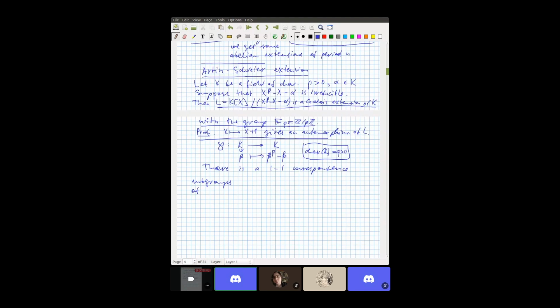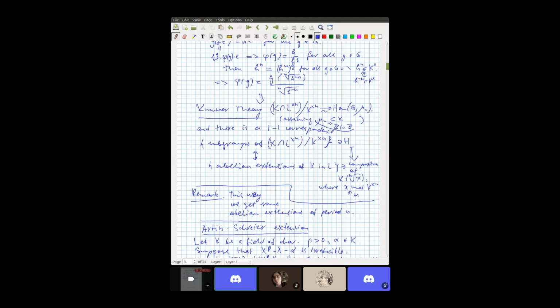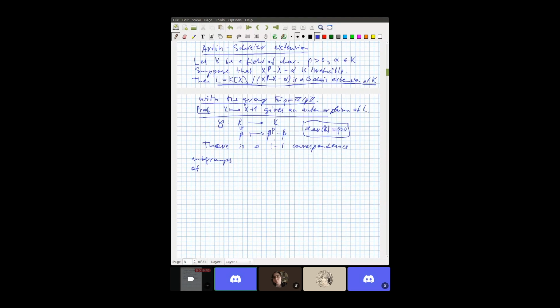In the case of Kummer theory, the quotients are modulo nth powers of the elements of K. But here we consider the quotient of K as the additive group of K modulo the image of this map P of K. And excuse me, how did we call this map? P. P, okay.